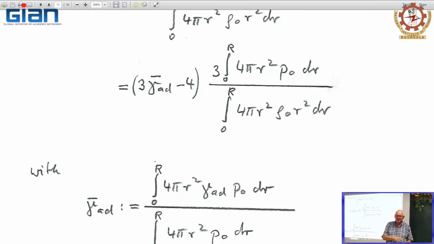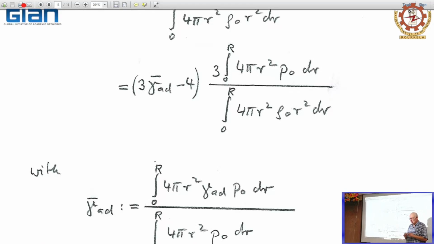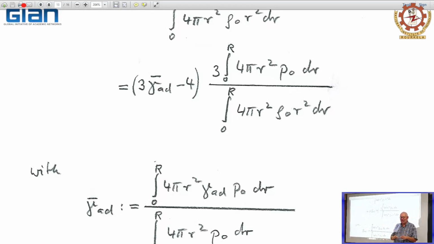So in that case, we have negative sigma naught squared and we have instability. Let me phrase it once again: if the mean adiabatic index is below 4/3, this term becomes negative, and therefore we have to have negative sigma naught squared, and therefore instability.